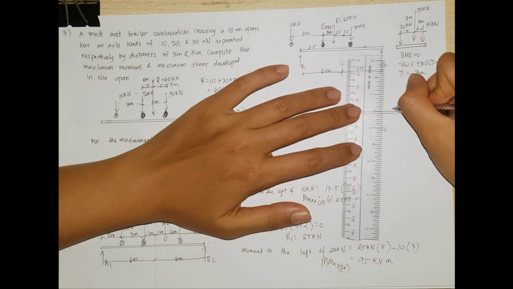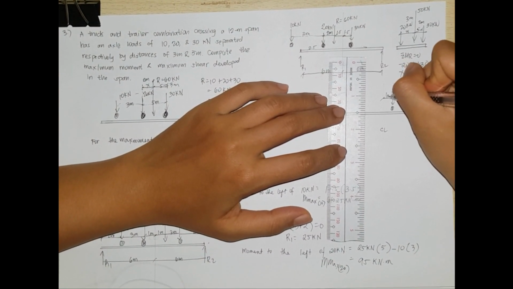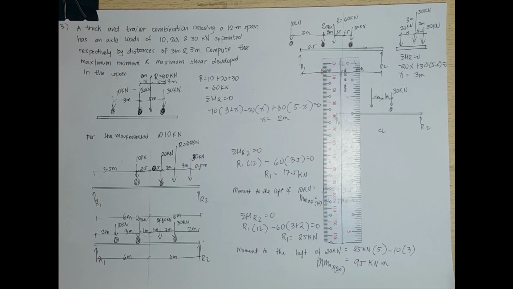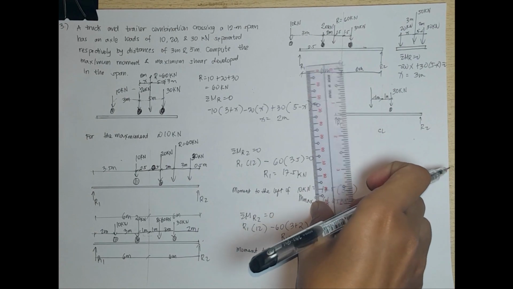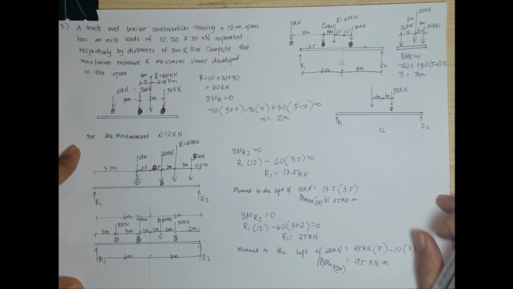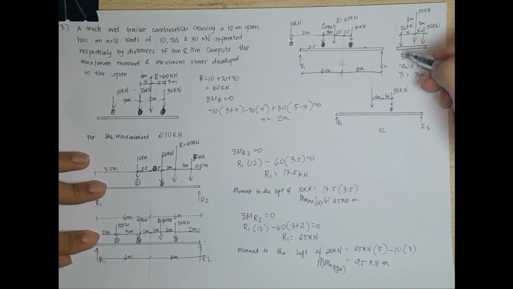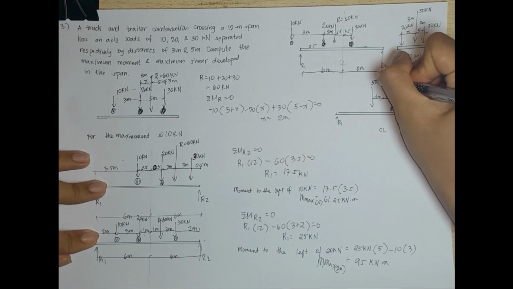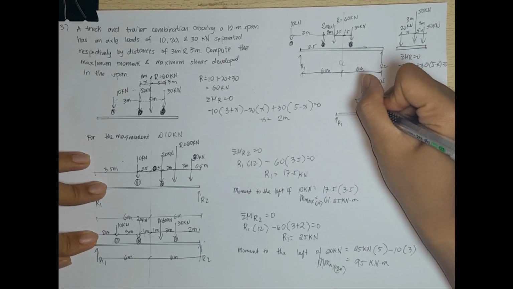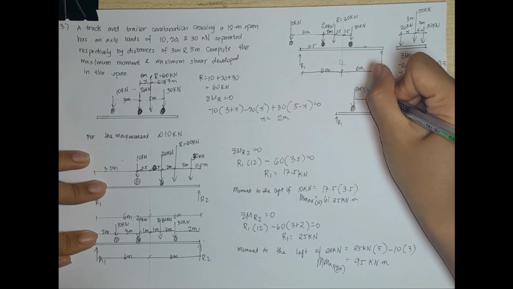So, i-consider natin 1 meter is 30 kilonewton. And then, yung resultant natin is 50 kilonewton. Then, located 3 meters away is yung ating 20 kilonewton.